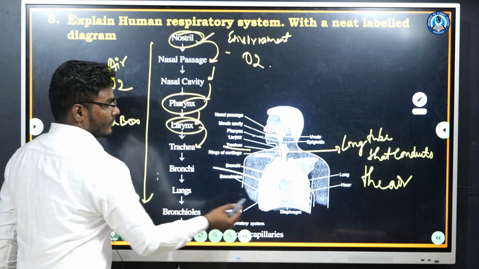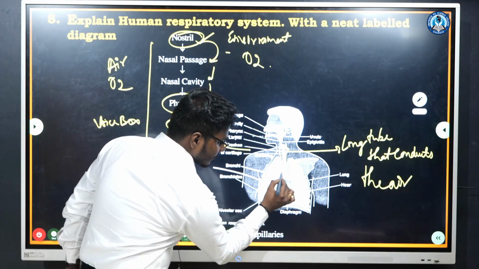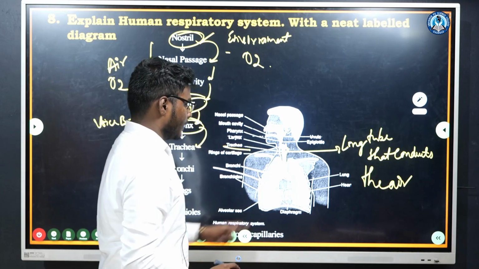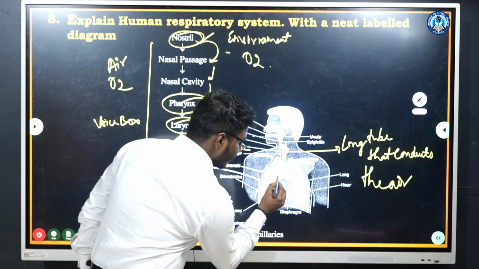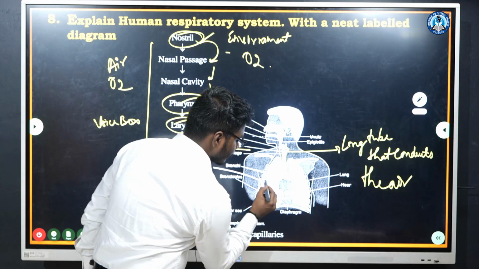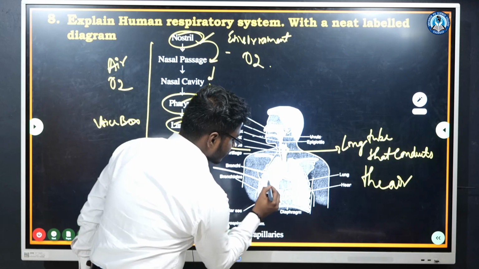Now listen here, this trachea further branches. Can you see here? It is branching into the lungs this way. Okay, let me draw the structures here.